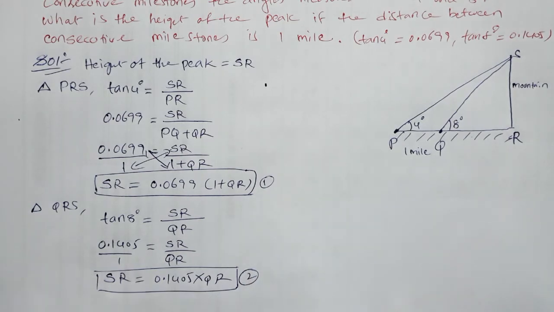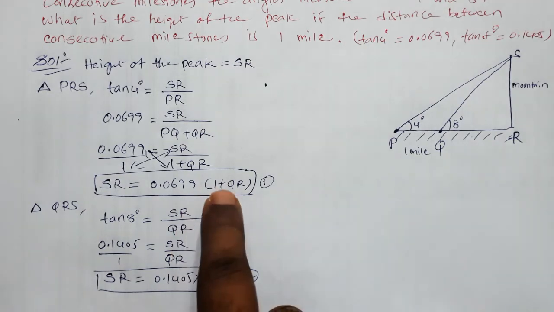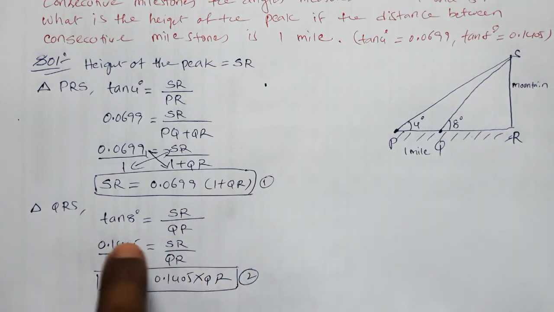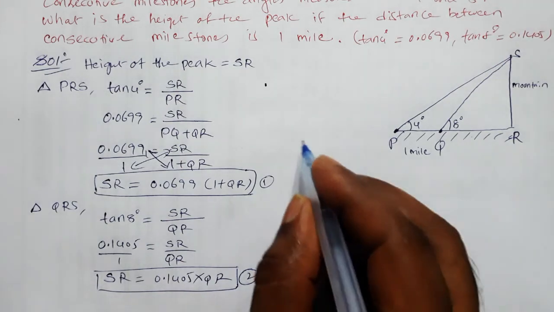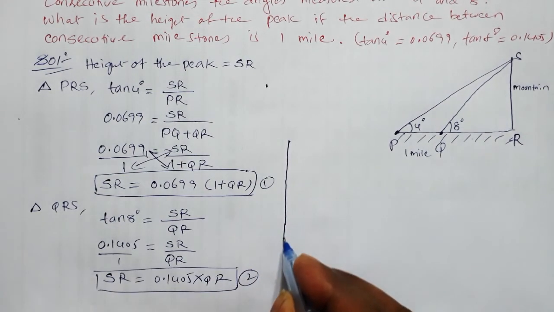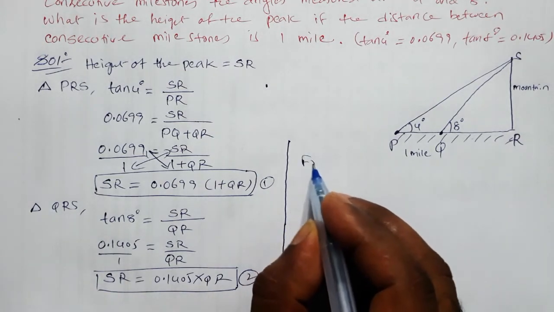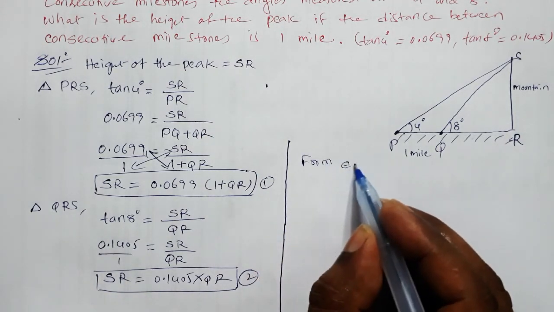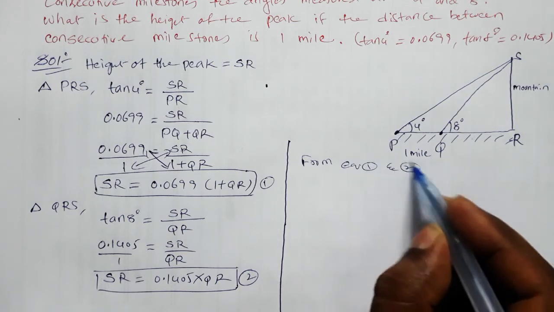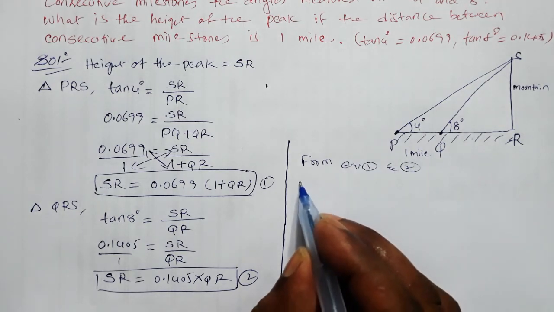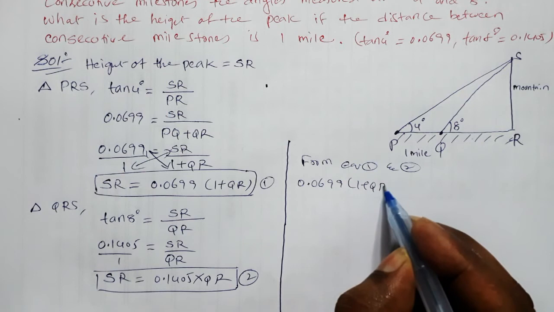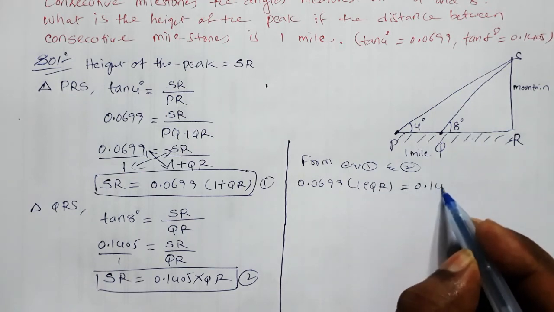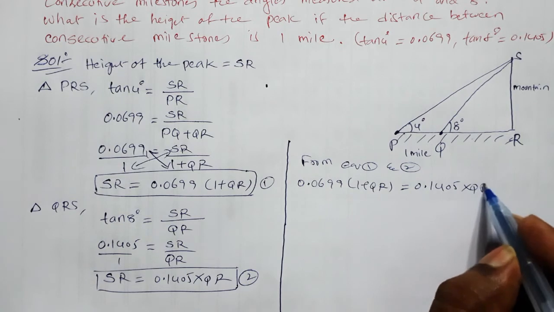In equation 1 and equation 2, the LHS is the same, SR. That means the RHS are also equal. From equations 1 and 2 we can write: 0.0699 into (1 plus QR) equals 0.1405 into QR.